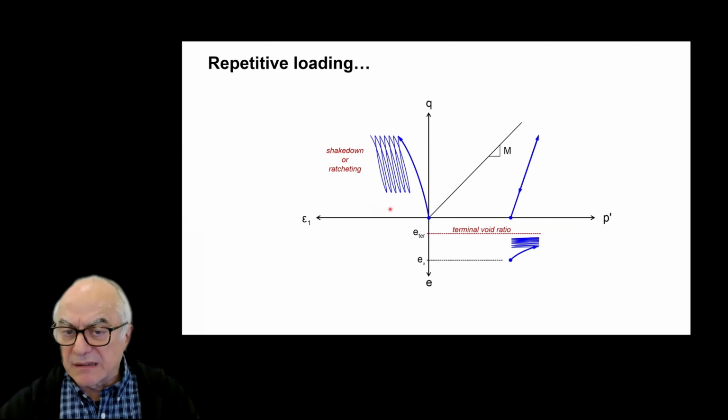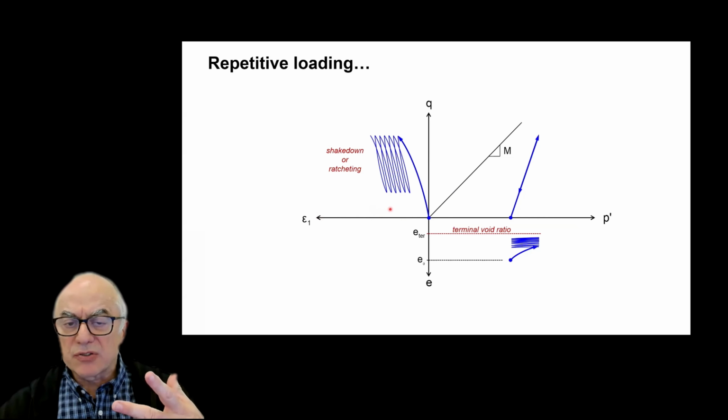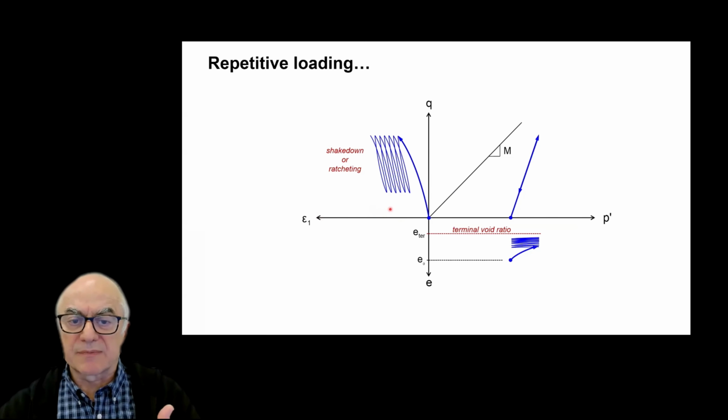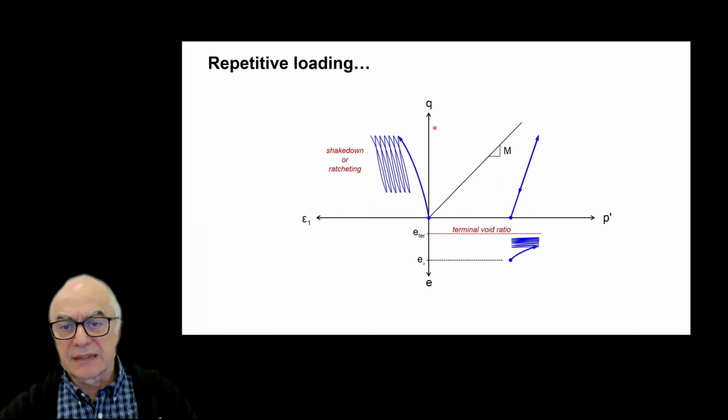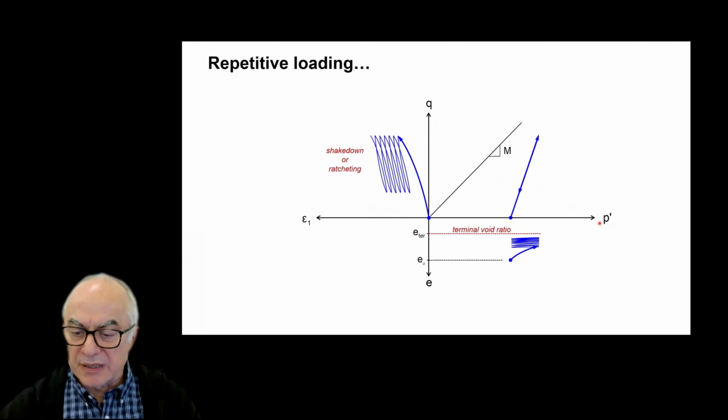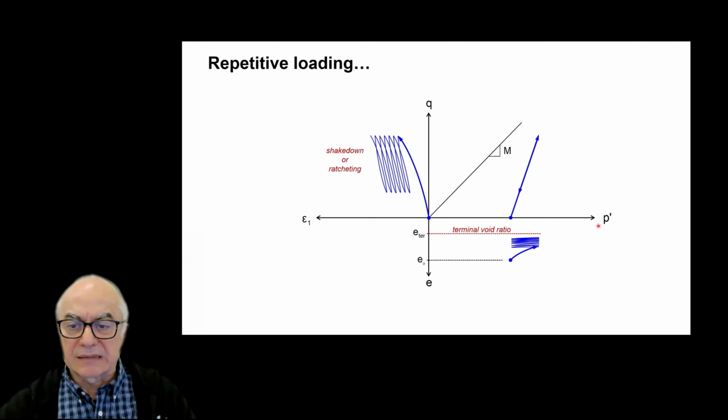So what it is, the projections of a four-dimensional space onto a plane. In the upper quadrant, we have the tau sigma space, in this case in terms of Q and P. And in the lower diagram, we have the evolution of void ratio with confining stress, which will be the projection of the critical state line on e-p prime.